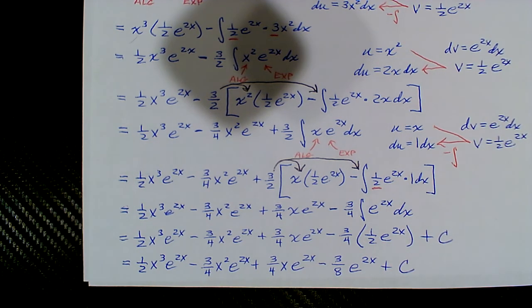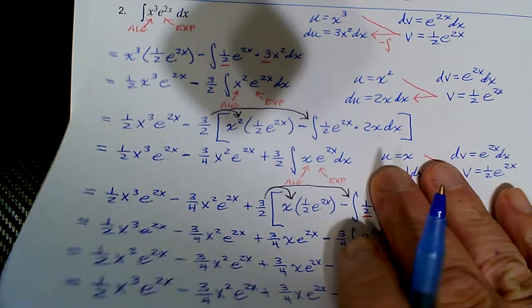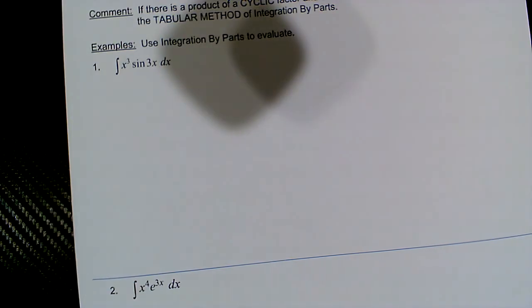Alright, so you will be happy to know that there is an easier way, and that's what we call the tabular method. So if there is a product, well, let me say this first. On our next page of notes, it says the following functions are cyclic.